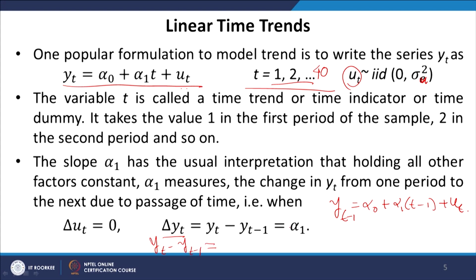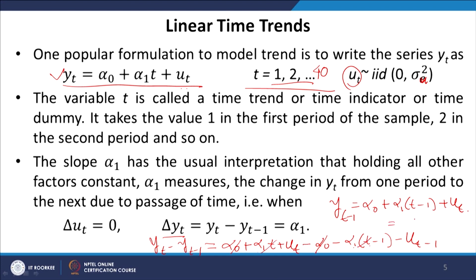So, what I have is alpha naught plus alpha 1 t plus u t, the expression for y t, minus alpha naught minus alpha 1 (t minus 1) minus u t minus 1. So, alpha naught cancels out, then alpha 1 t minus alpha 1 t also cancels out.